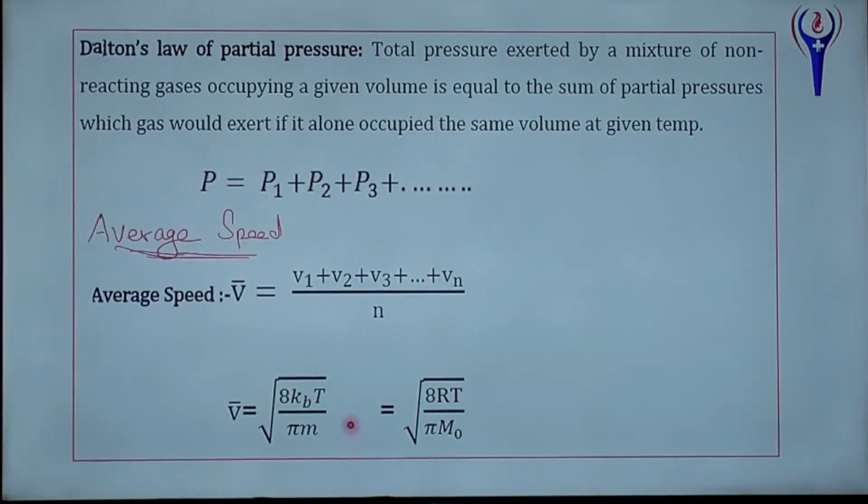There is a relation between k, N and R, or by simplifying we will get this one. So average speed can be expressed in two forms. One is in terms of kB, means square root of 8 kBT by pi m, and in terms of R, means square root of 8 RT by pi m naught. Okay.